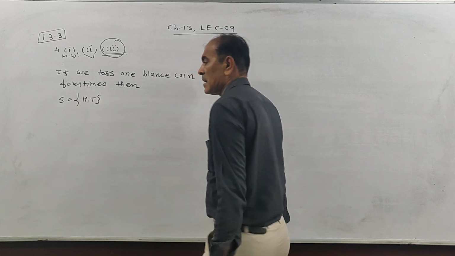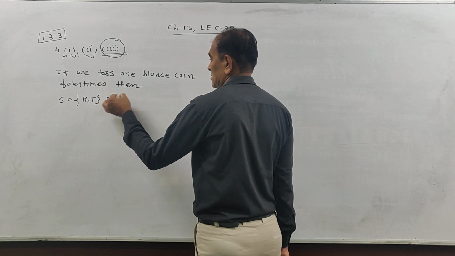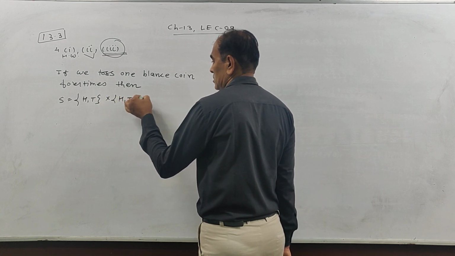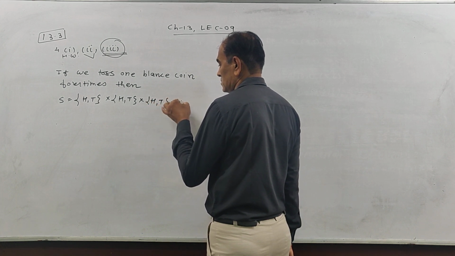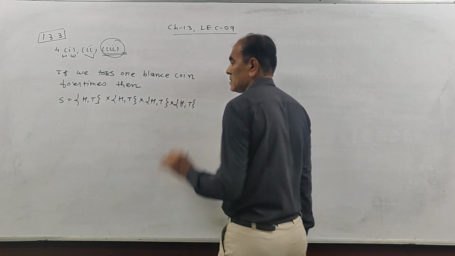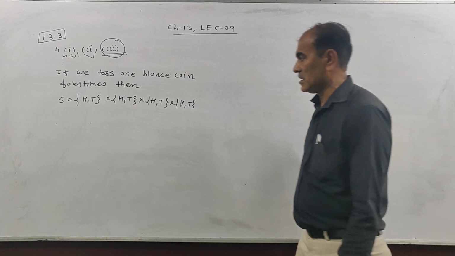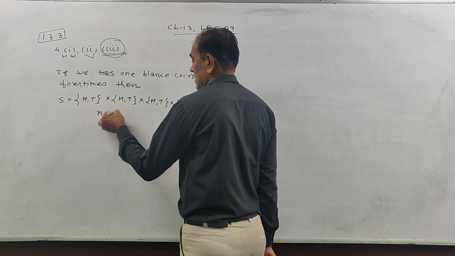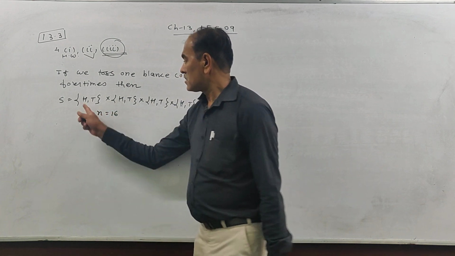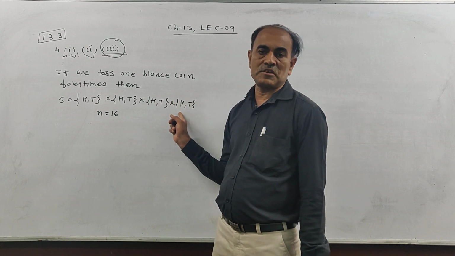If it was 1 time, then H, T. So 4 times it comes out H, T cross H, T cross H, T cross H, T. How many times? 4 times. Is it clear? How many observations are there? 16. 2 to the 4 to the 8 to the 16.